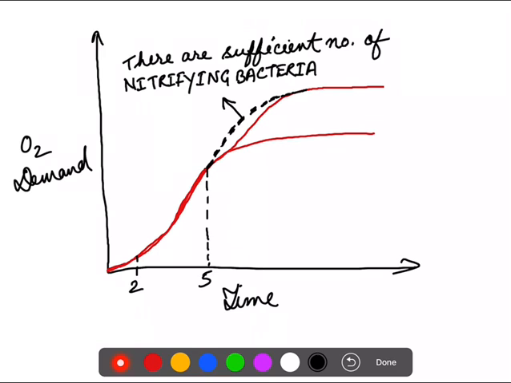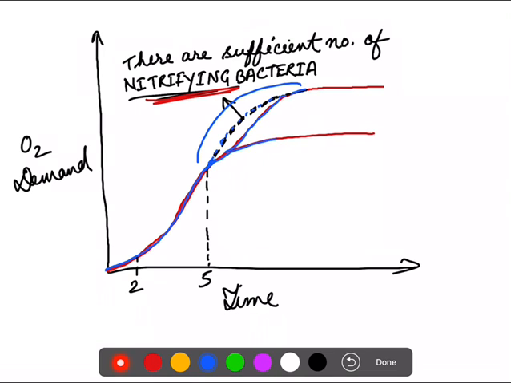Also, nitrification generally occurs after day 5, but if there are sufficient nitrifying bacteria in your wastewater, then instead of this red line you may get this. Your graph will continue like this and will not turn this side, rather it will go towards this side.